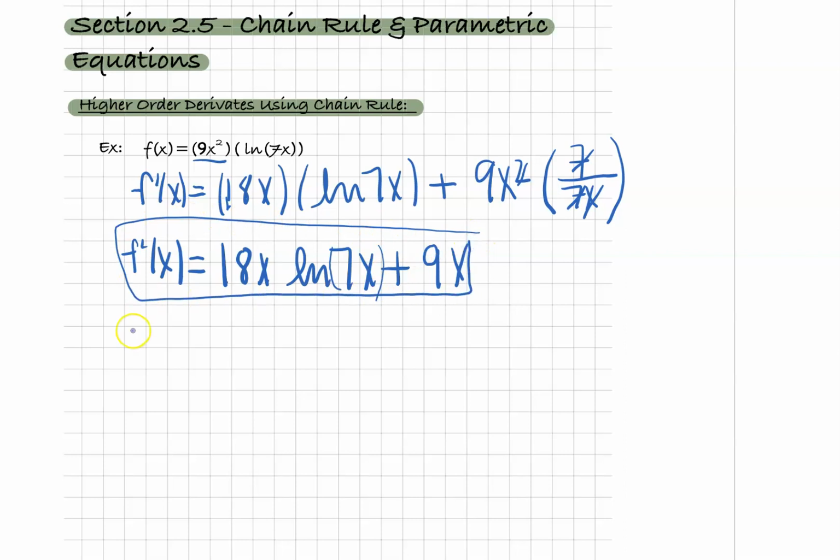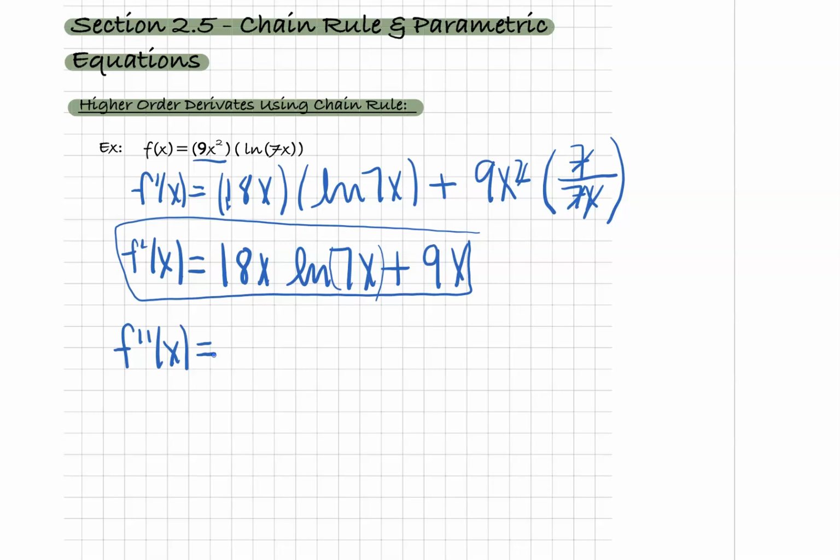If it asked us for our second derivative, the only way we can get to a second derivative is to first find the first derivative. There is not a way for us to jump directly to the second derivative. We have to take these steps in between. And that's also why we emphasize cleaning up and simplifying your answers, so that you have a much better piece to work with when we move to the second derivative.